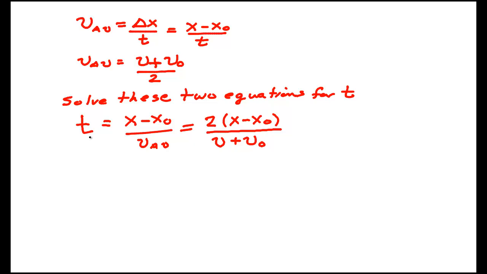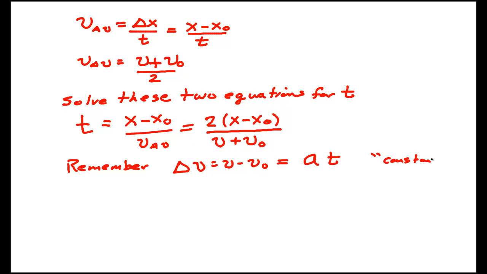Now what I want to do is plug that back into one of our previous equations. Remember that delta v, which is v minus v naught, is equal to a times t, assuming constant acceleration.